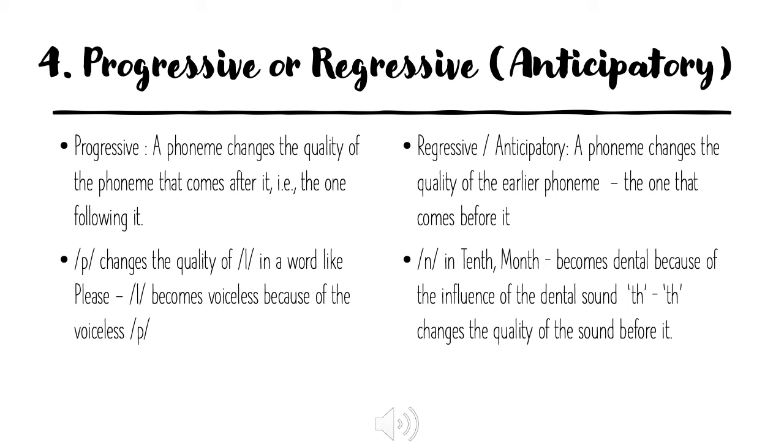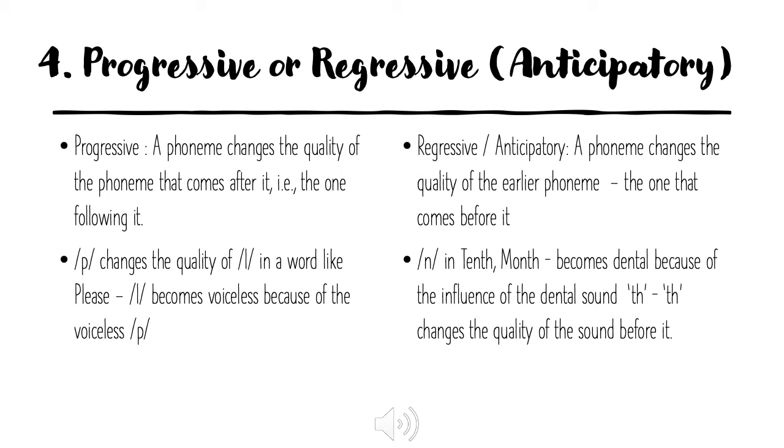So it is not a fully alveolar sound as the n normally is, but it becomes more of a dental sound. So here the sound n undergoes a change because of the influence of the sound that comes after it. So that is regressive or anticipatory change.